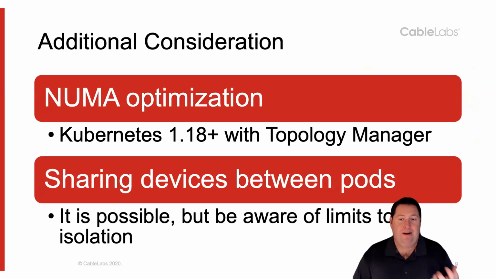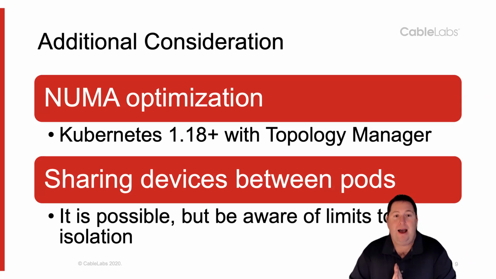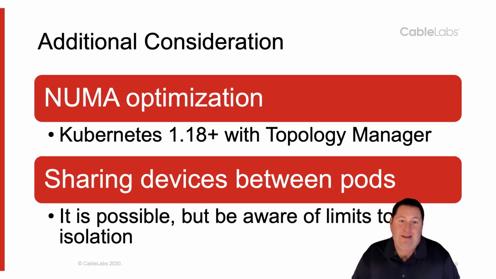You may be wondering, well, that's great, but I really have high throughput application needs, and I need to be aware of NUMA. NUMA is the linking of your CPU, your memory, and your I/O cards to the same node. A lot of cloud servers and edge servers have 2 CPUs. And if you have your workload on CPU 1, you don't want to have to ask CPU 2, hey, can I use that card?